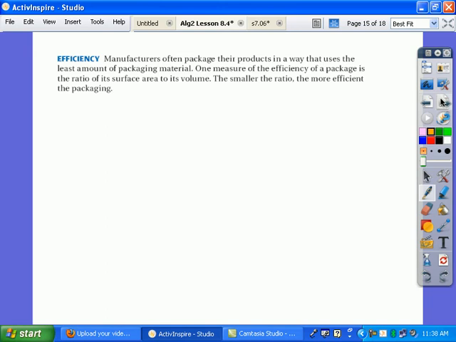Think about a product that gets shipped to you and it's wrapped in plastic. All of that plastic costs money, and if I can use a small amount of plastic less because I reconfigure the shape to give me the same volume in a different shape, I can save more money.